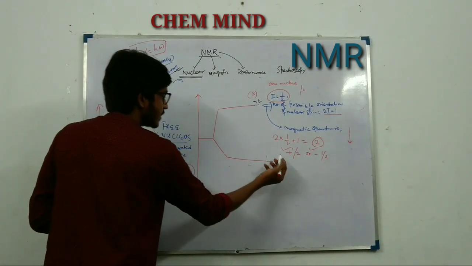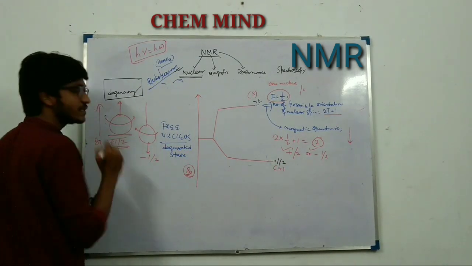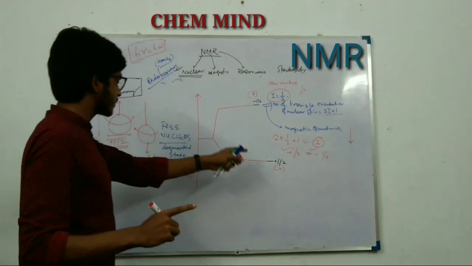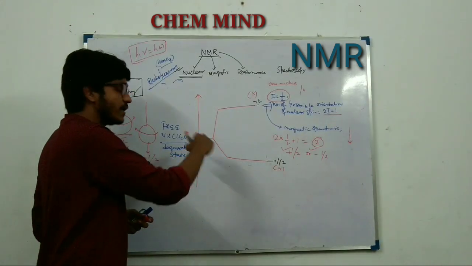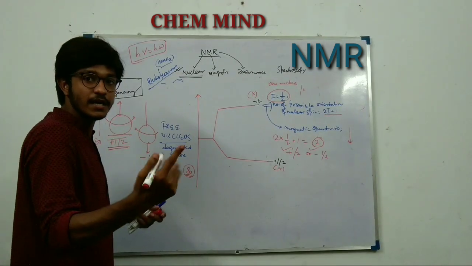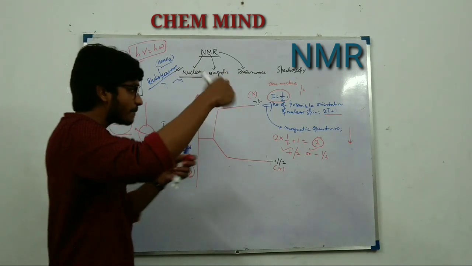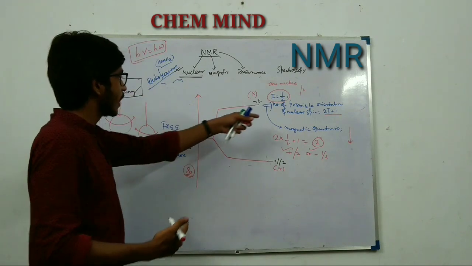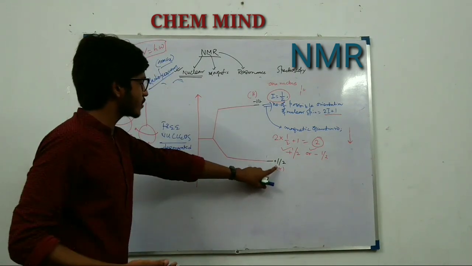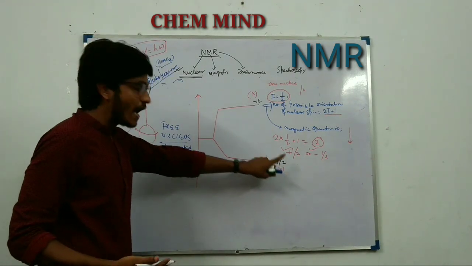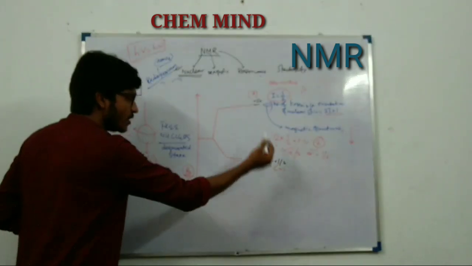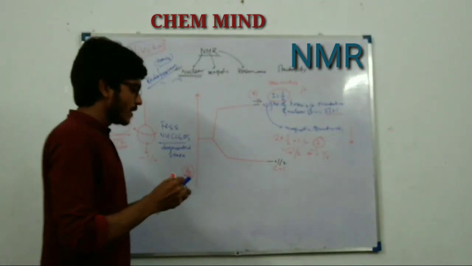The plus half state is the lower energy state. I will describe in the previous point why the energy decreases: due to north pole, south pole and south pole, north pole attraction, the potential energy goes down, producing the alpha state, which denotes a lowering in energy.